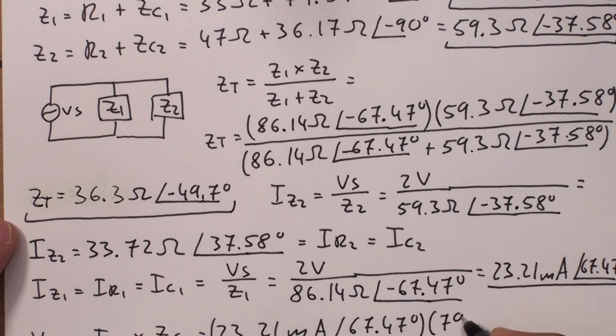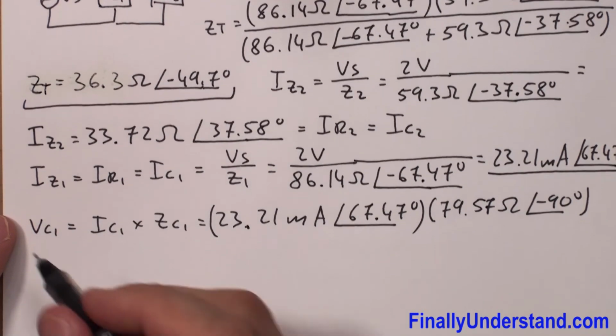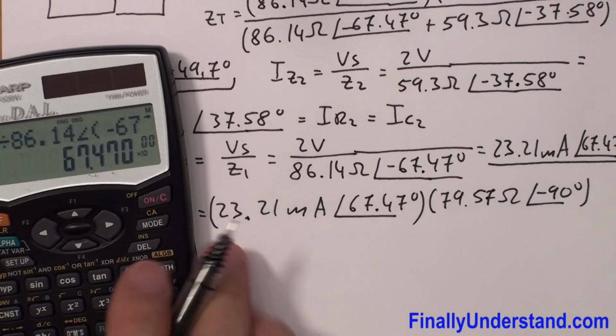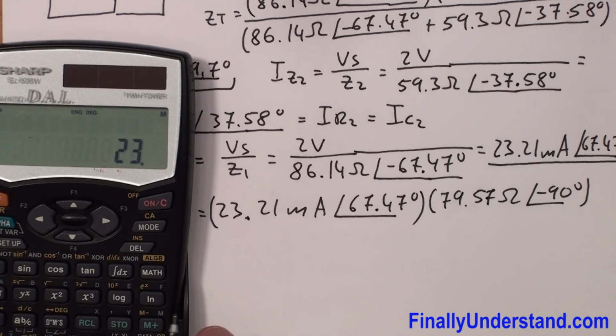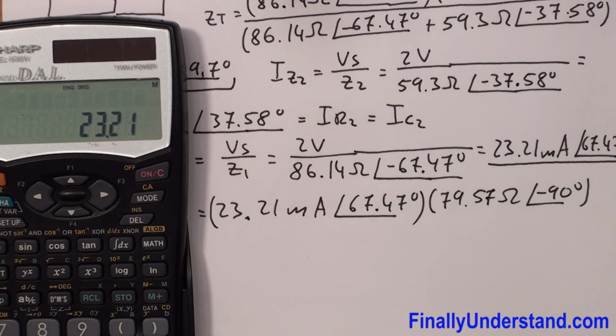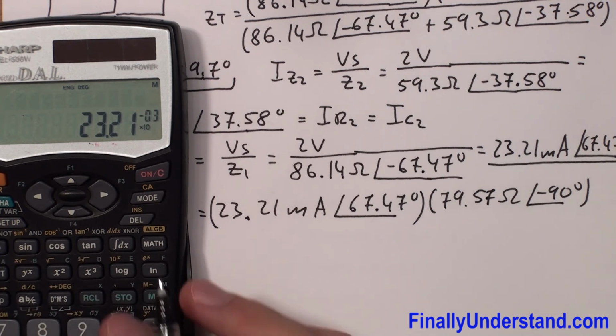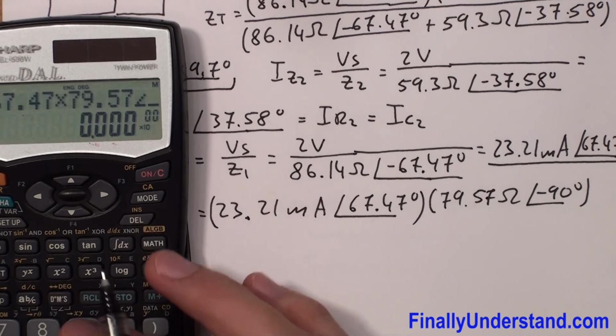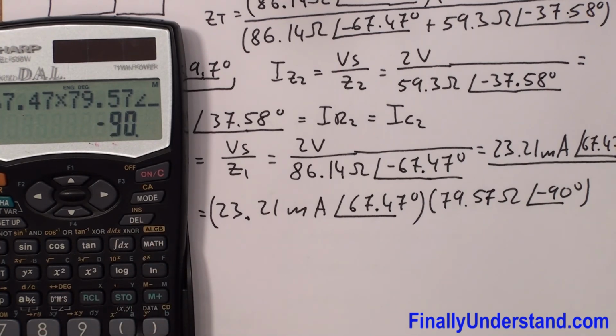So I have VC1 is equal 23.21 exponent 3 negative, angle of 67.47 times 79.57 an angle of negative 90.